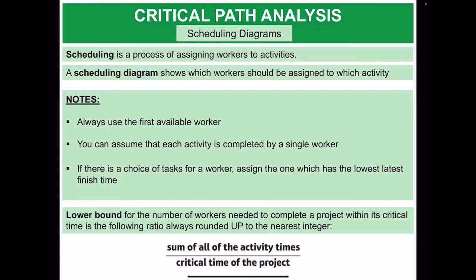You can find out how long you need to complete the project, and then you can find the lower bound, or the minimum number of workers needed to complete this project within the given time. The ratio given here means that when you add all of the activity times together and divide it by the critical time of the project, that gives you the estimation of the minimum number of workers that you need, but you need to round it up, obviously.